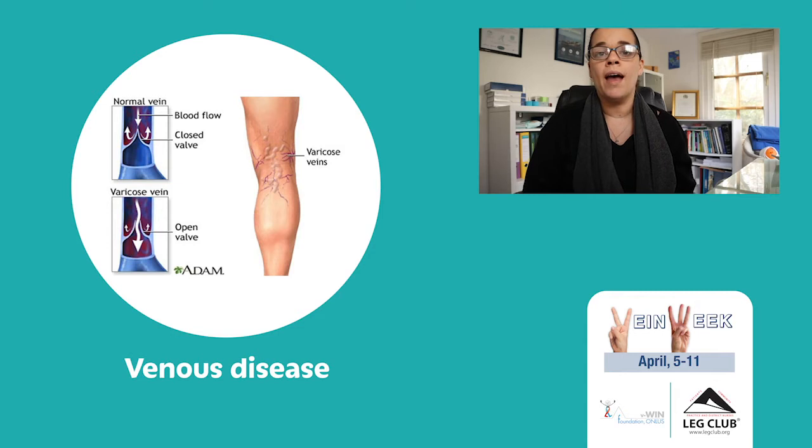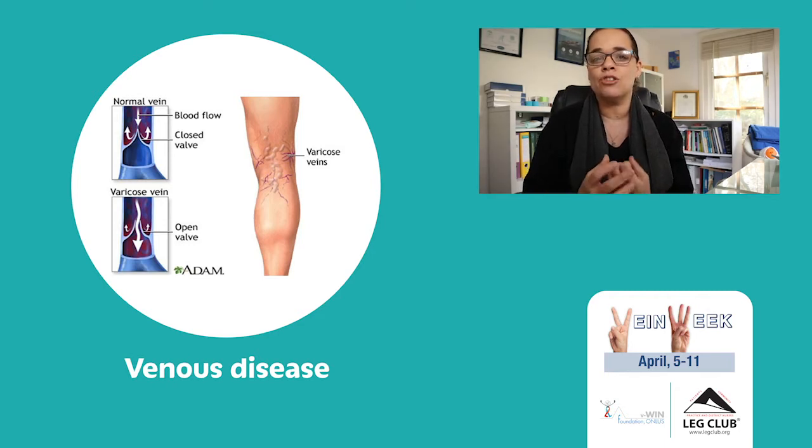So where the fluid has leaked back into the tissues, the lymphatic system starts to become overwhelmed. This is often diagnosed when a patient has had swelling for 12 weeks or more. And in this case, there is an imbalance between the amount of interstitial fluid in the tissues and the rate of uptake back into the venous system.